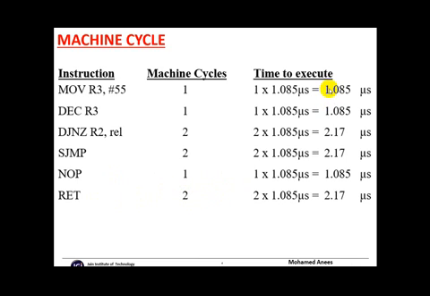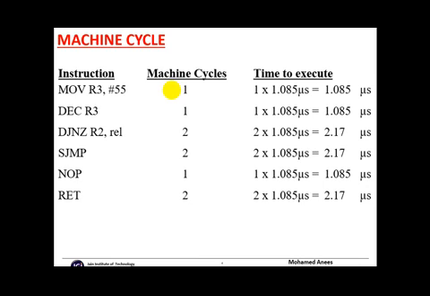If you add up all this time, that is the time taken by this code. So you can say my code takes this much time. Now the question is, there are around 51 instructions in 8051. Should I need to remember the machine cycles taken by all the instructions? No. Why?